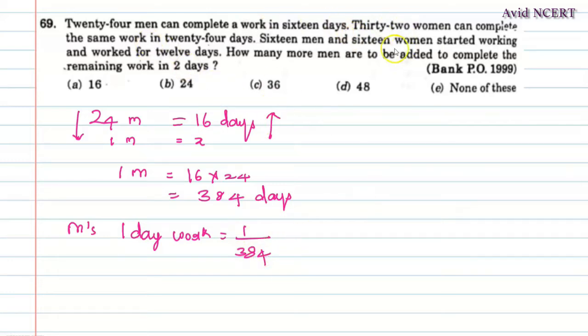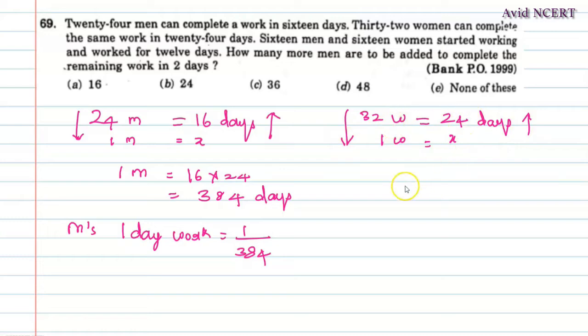From the second sentence, 32 women complete the same work in 24 days. Therefore, we have to find for one woman, which is equal to x. Again, the number of persons working is decreased and the days will increase.